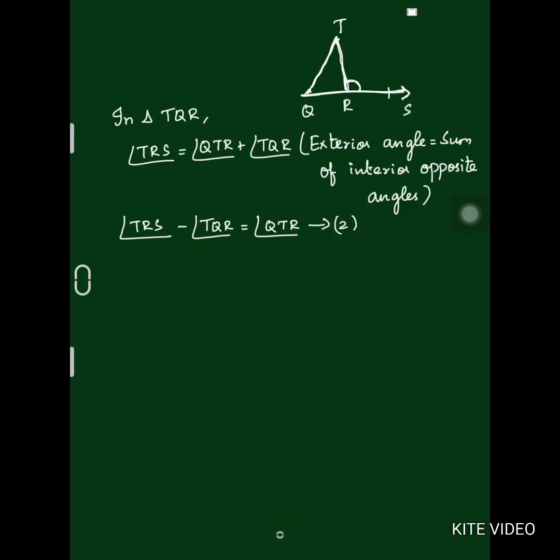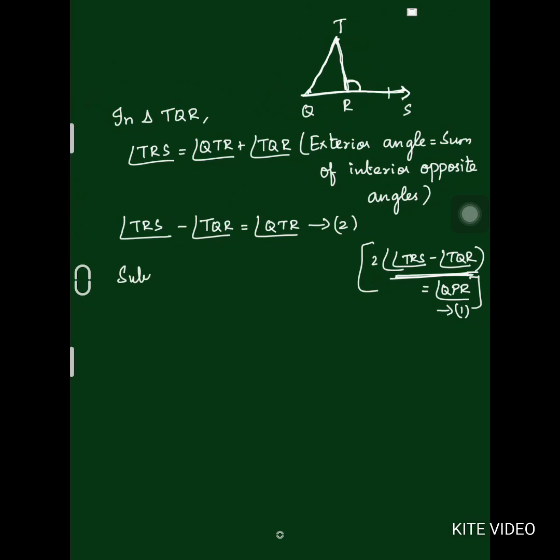Let me substitute this second equation in the first equation. Actually, what is the first equation? 2 times TRS minus TQR is equal to QPR. In the first equation, I am going to substitute the second equation. So, in the place of TRS minus TQR, I am going to replace with QTR.